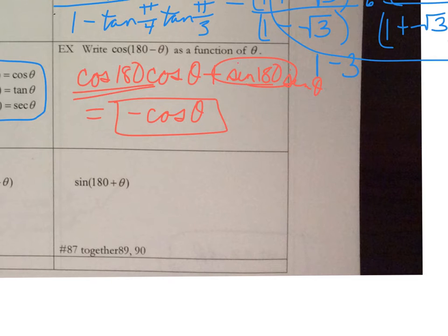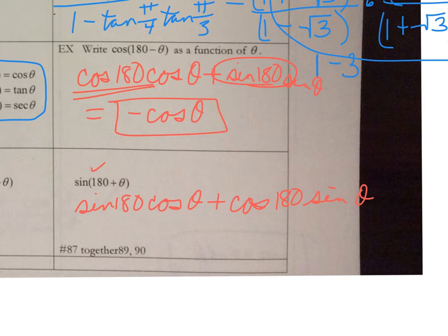If we were going to do the same thing down here with this sine problem, I'd apply the sum identity for sine. Sine 180 cosine theta plus cosine 180 sine theta, and simplify.